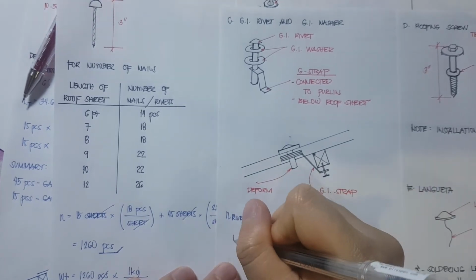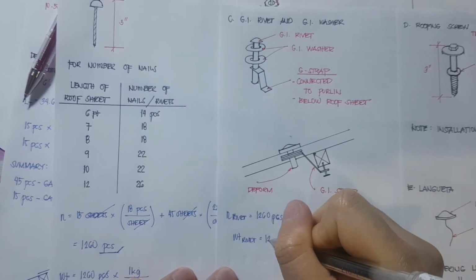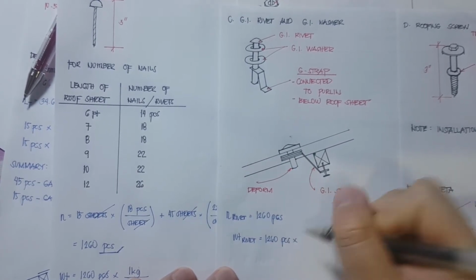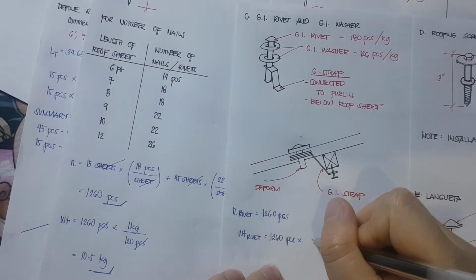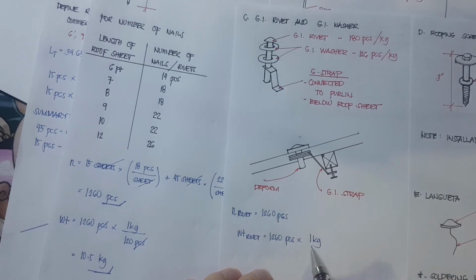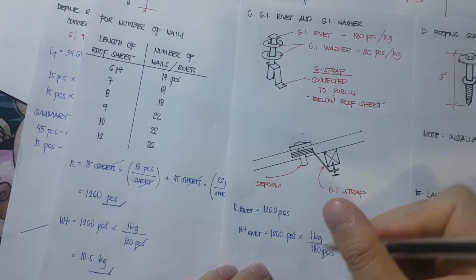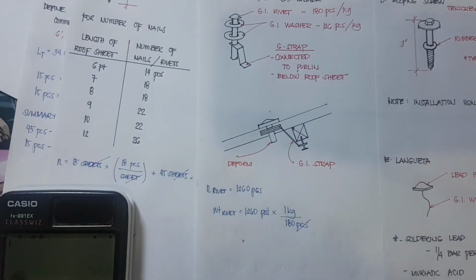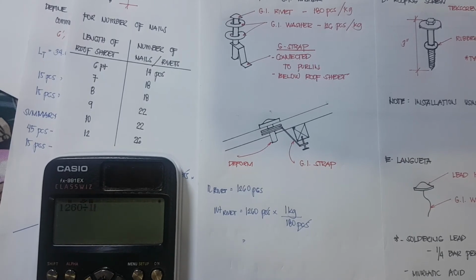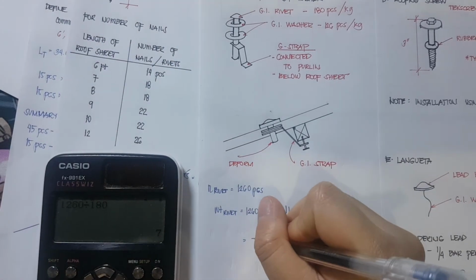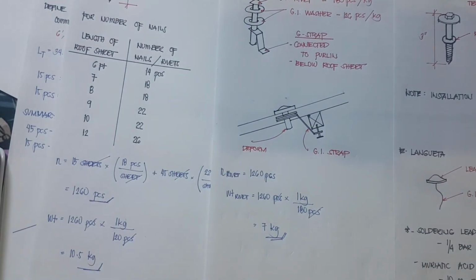Now, for the weight of the rivet, it is equivalent to 1,260 pieces times 1 kilogram per 180 pieces. So, pieces will cancel out. Therefore, the weight of the rivet is equivalent to 7 kilograms.